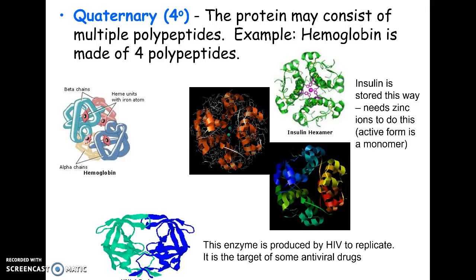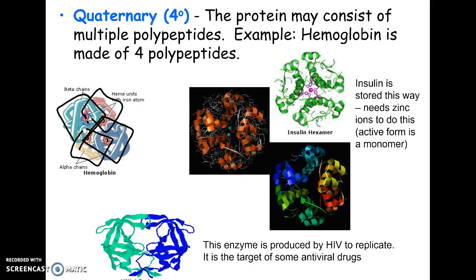Quaternary structure is where the final protein consists of multiple chains. For example, hemoglobin, which you see here in this picture, actually consists of 4 separate chains. They all hook together. Iron sits in the middle of it, and you end up with a functional hemoglobin molecule. Insulin actually is stored as a protein consisting of 6 parts.